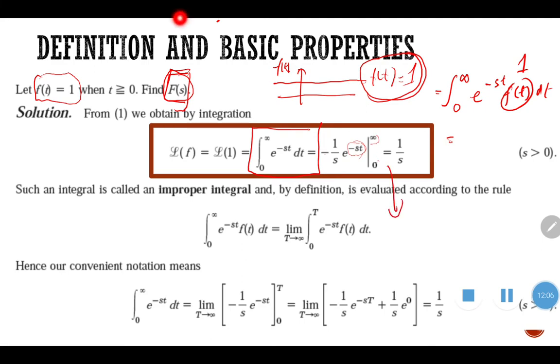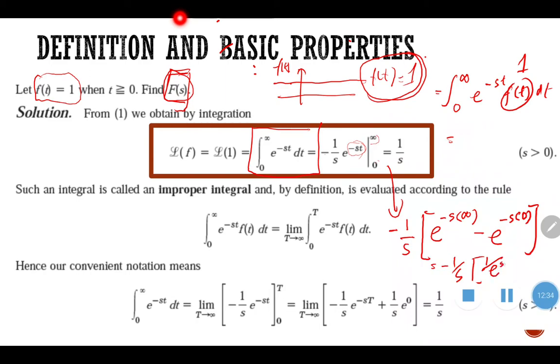So basically this means we substitute into negative 1 over s, nothing else. Okay, you just need to replace t with infinity: negative e to the power of negative s times infinity, minus e to the power of negative s times 0. Right. So e to the power of negative s infinity, if you look, this is 1 over e to the power of s times infinity. This one is e to the power of zero, so it will become 1.